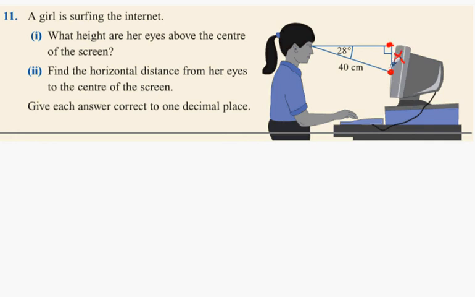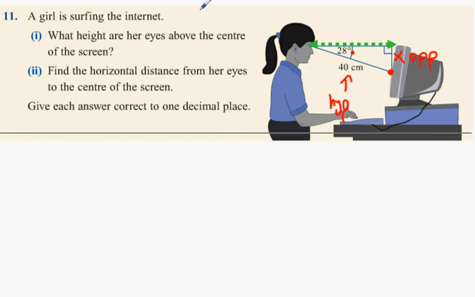What is it? Is it the opposite or the adjacent? And what side do we know? The longest side in that triangle, which is the hypotenuse. The adjacent would be the green line. This line here is the adjacent. Okay.